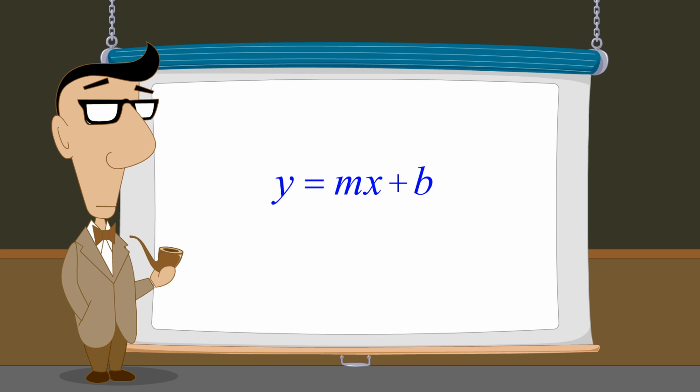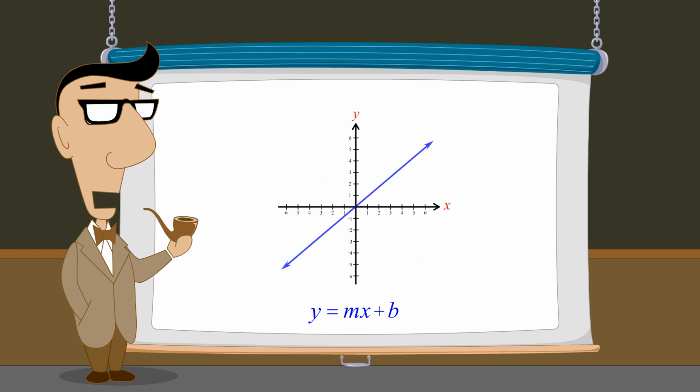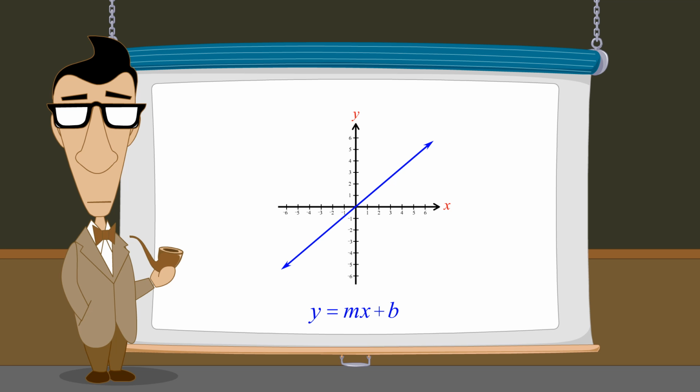Because the constants m and b determine the slope and y-intercept, this form of the equation of a line is called the slope-intercept form. And any non-vertical line can be described by this equation. By adjusting the values of the constants m and b, we can orient the line in any way that we like.